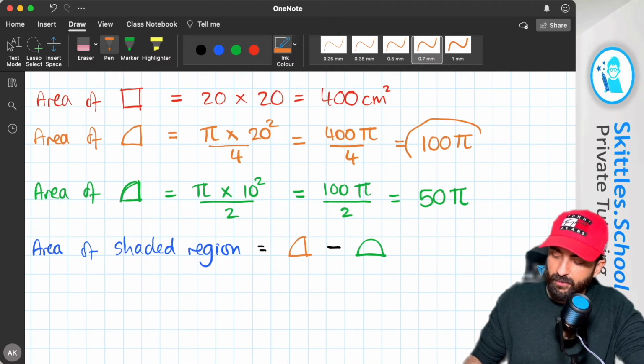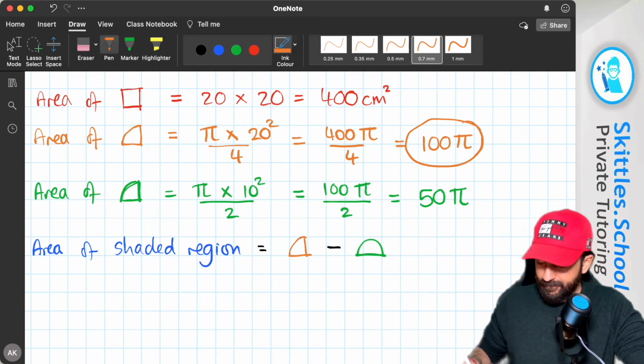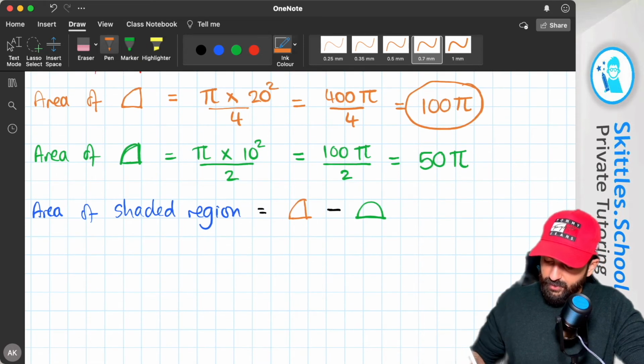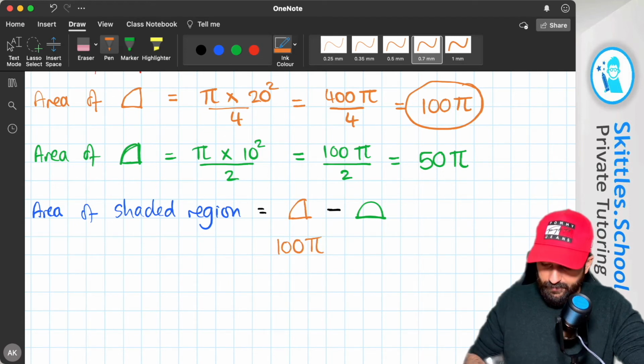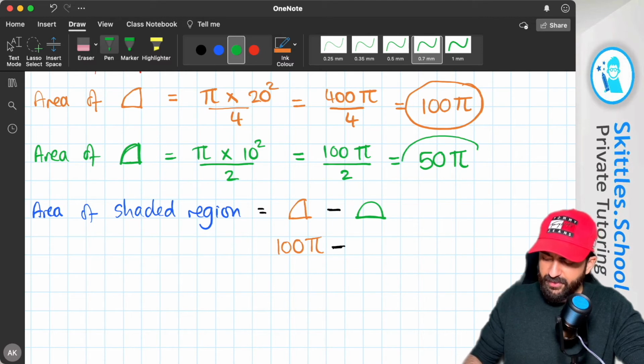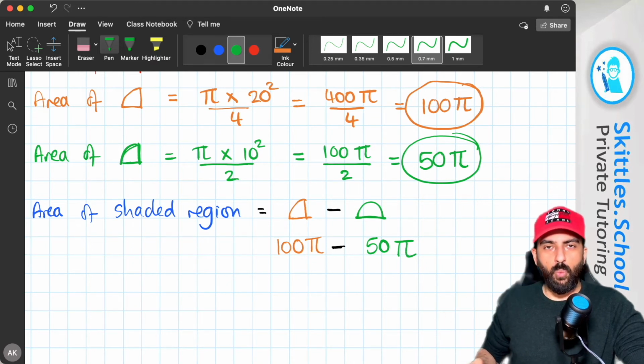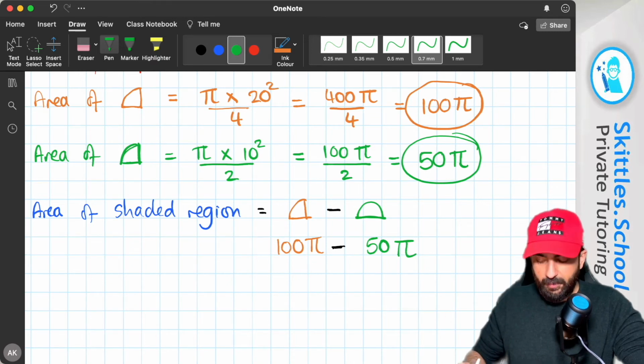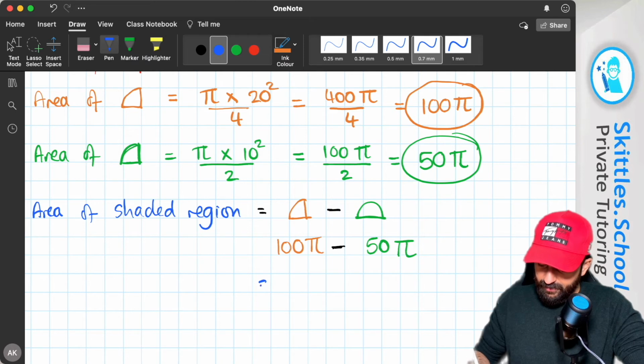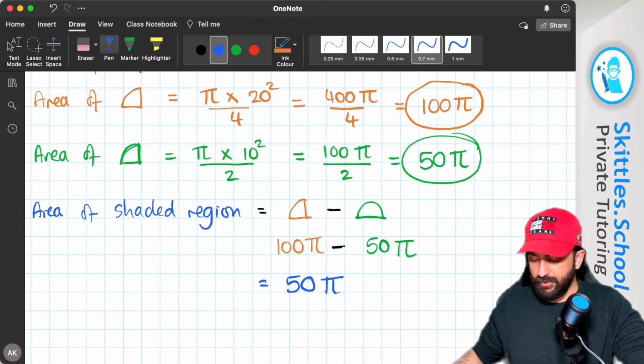So the quarter circle was 100 pi. Subtract the semicircle, and we've done the semicircle as well. Now it's 50 pi. 100 pi subtract 50 pi is just 50 pi. So that's the area of the shaded region.